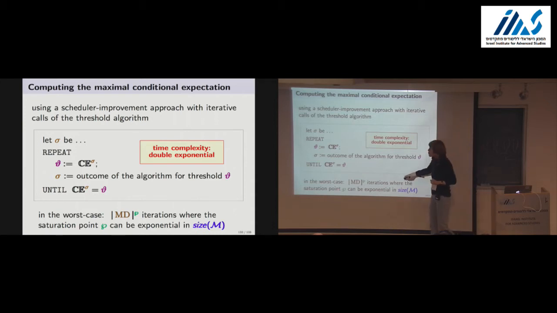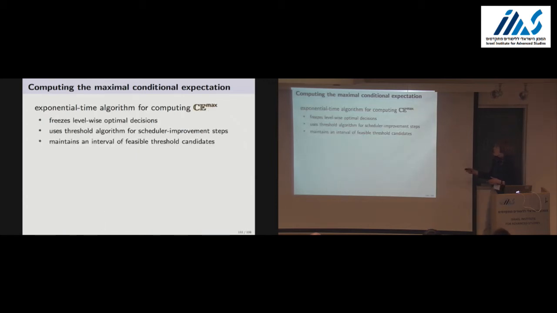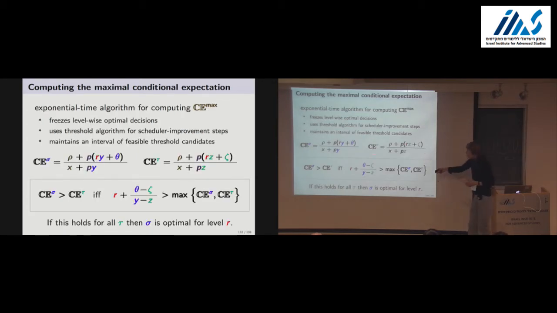And the saturation point, the value is polynomial, but the logarithmic length is exponential in the size of m. That's what we could also guarantee. But altogether, this gives you something that is double exponential in the size of the original MDP. Now, we could do better, and again, we rely on this magic thing here.